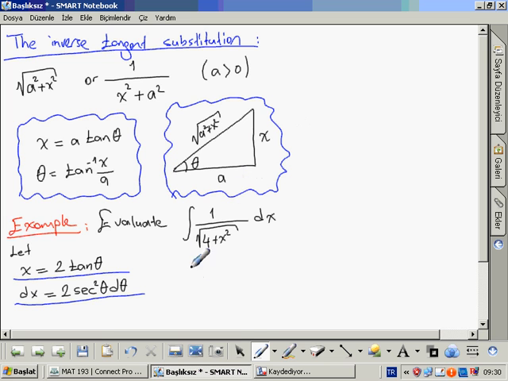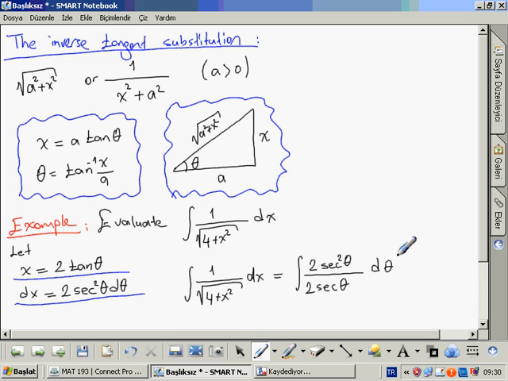The integral of 1 over the square root of 4 plus x square dx equals the integral of 2 secant square theta d theta over 2 secant theta, right? Let me simplify it.